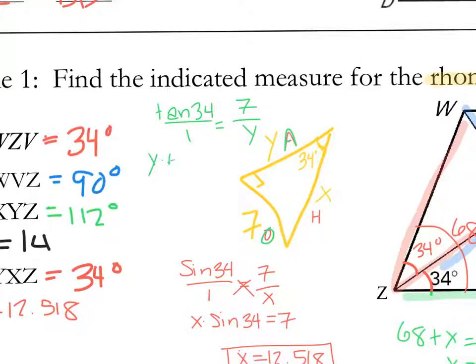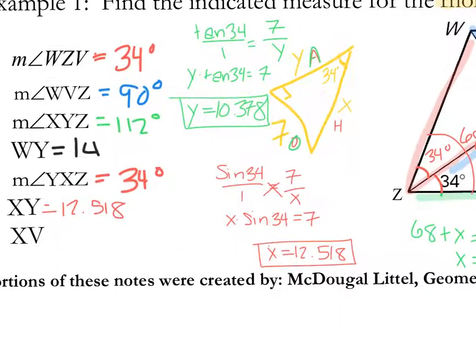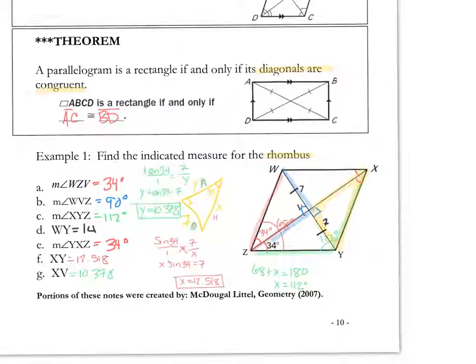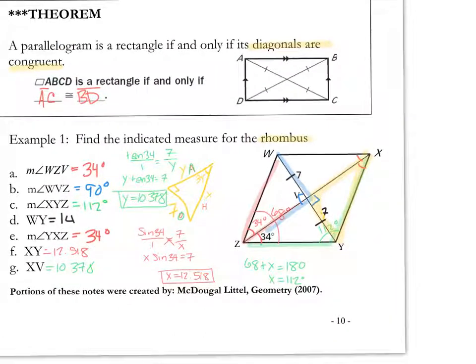Y times the tangent of 34 equals 7, so then y, I do 7 divided by the tangent of 34 this time, and I get 10.378. And that would be the last one, 10.378.